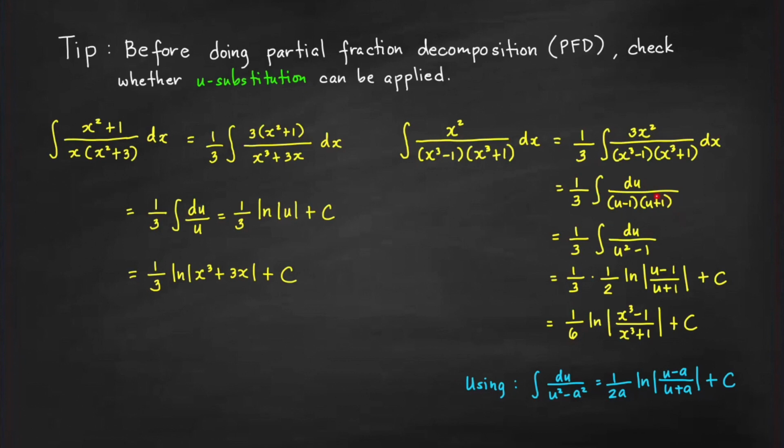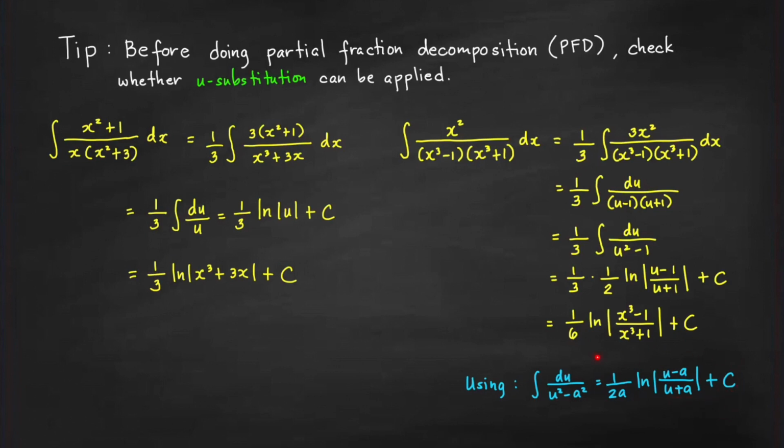And we can actually write this denominator as u squared minus 1, and we already have a formula for the integral of du over u squared minus 1. We have this formula: the integral of du over u squared minus a squared is equal to 1 over 2a ln of absolute value of u minus a all over u plus a plus c.